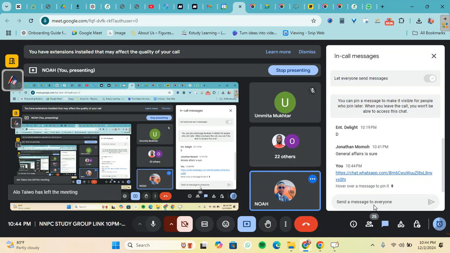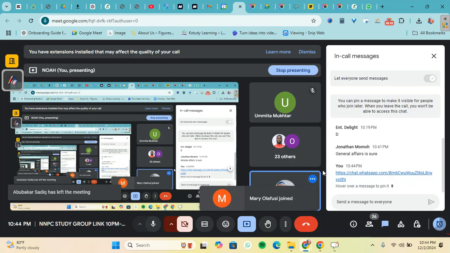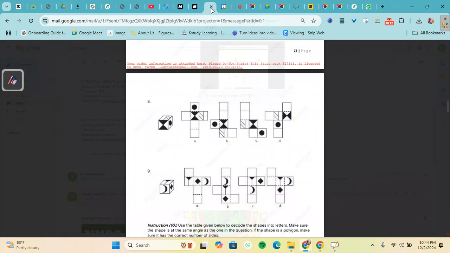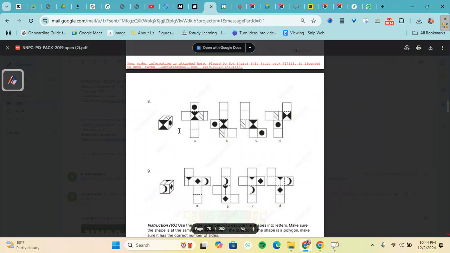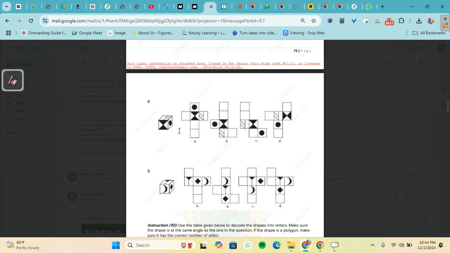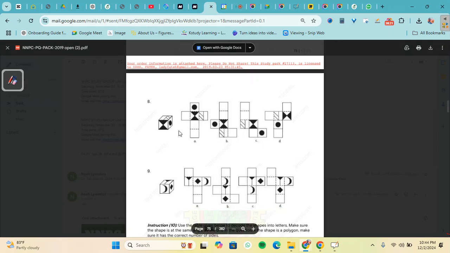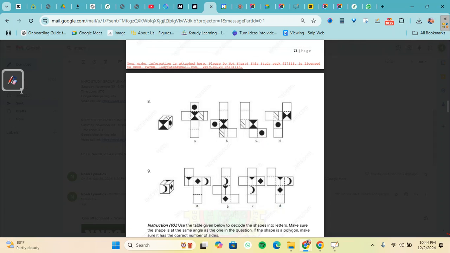So let's go back to what we are trying to say. Where's the PDF? I said what I noticed here is that this one will really take a lot of time for you to think compared to abstract reasoning. That's my own point. Looking at this, I noticed that this is a cube.